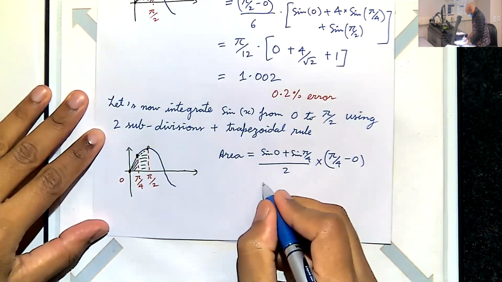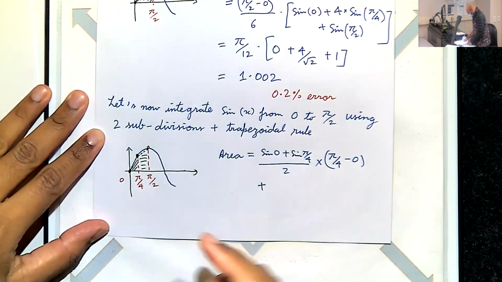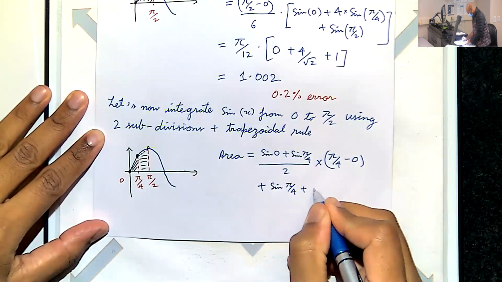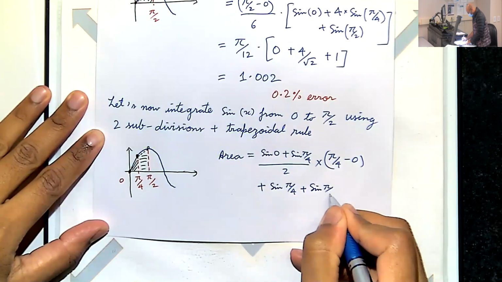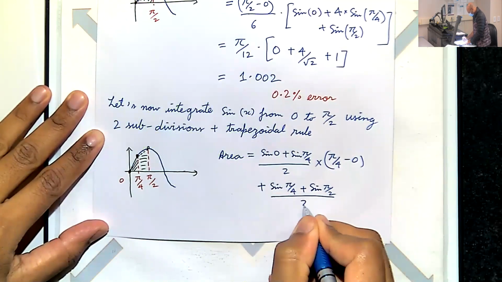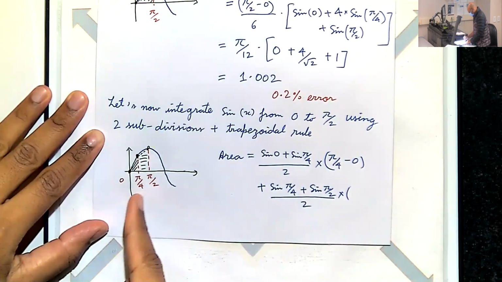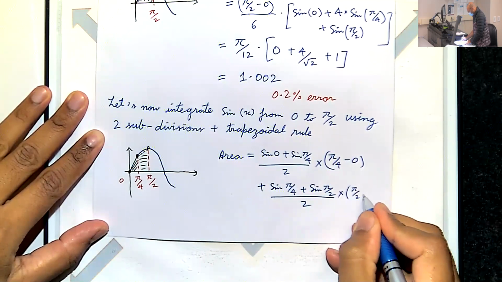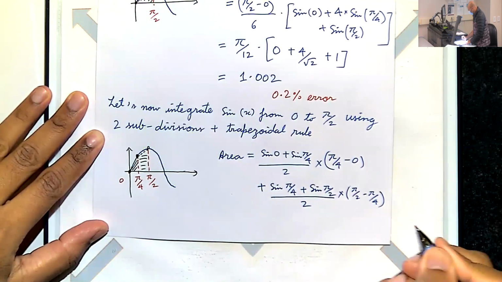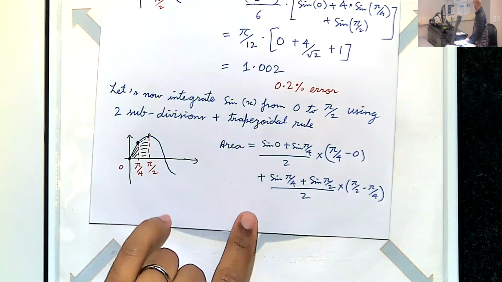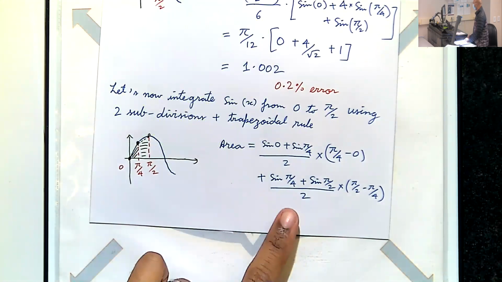And the second trapezoid is sine of pi over 4 plus sine of pi over 2, divided by 2, times delta x, which is pi over 2 minus pi over 4. Is this okay, what I wrote here?